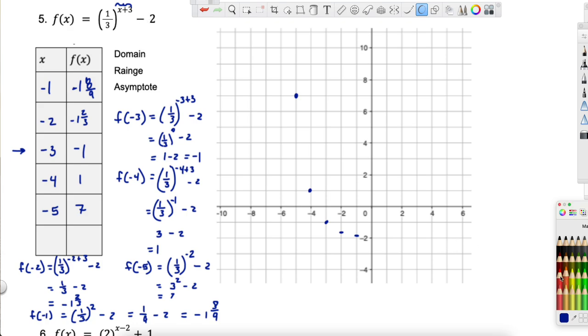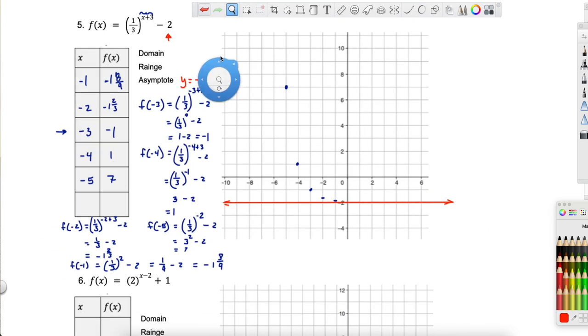So it's approaching -2 without actually reaching -2. So this is our horizontal asymptote right here. Y equals -2.